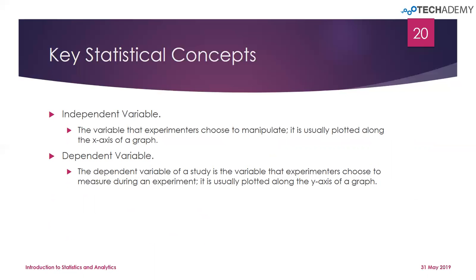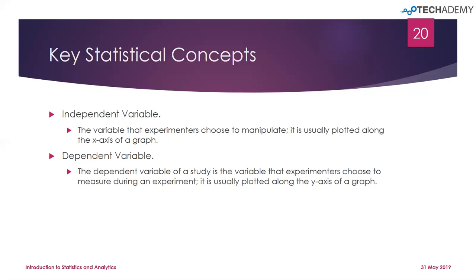There are two more important concepts: independent variable and dependent variable. An independent variable is one whose value is not dependent on any other variable. For example, we are studying the impact of height on the weight of students. If we are checking that if the height of a student is 5 feet, then what should be the weight?